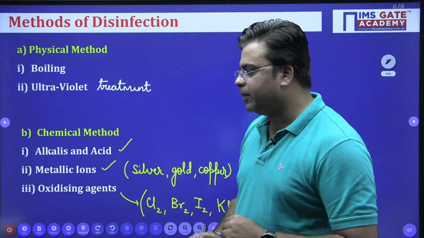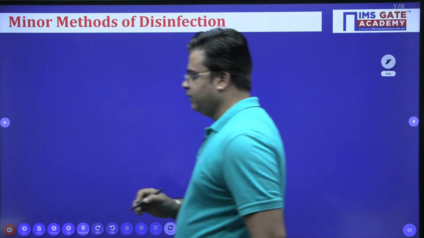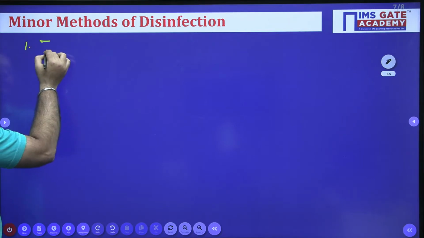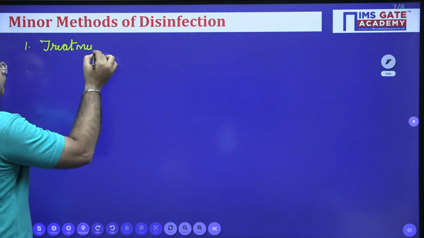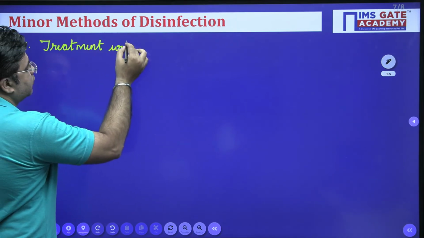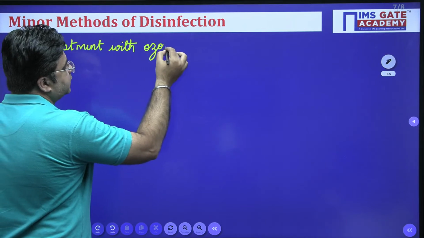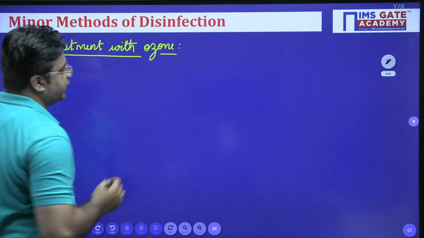So, the next topic of discussion is minor methods of disinfection. The first minor method of disinfection is treatment with ozone. This is simple, right?